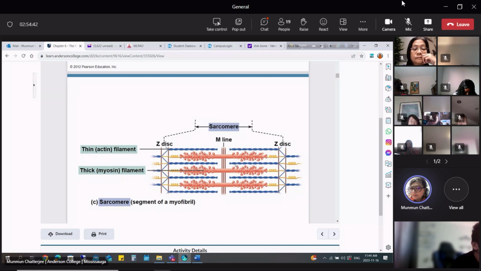So just to show how the thick and thin elements can arrange among themselves and they are interrupted. When the muscle contracts, they do the sliding movement to move. That's why this space is there. It's called the M line, and this zone is called the Z zone.